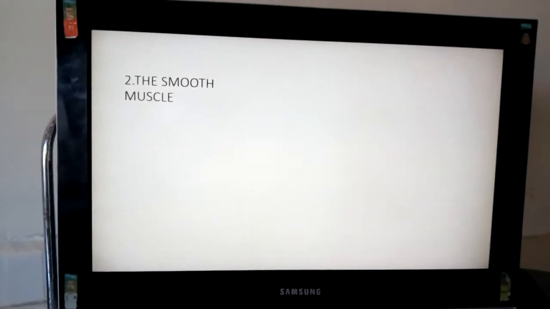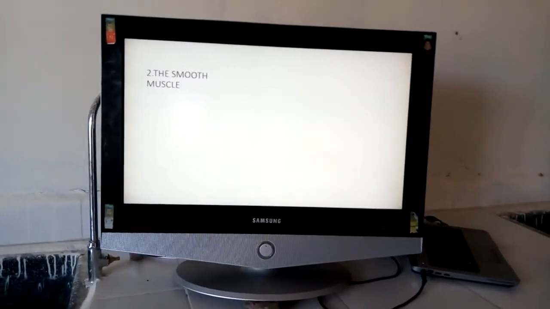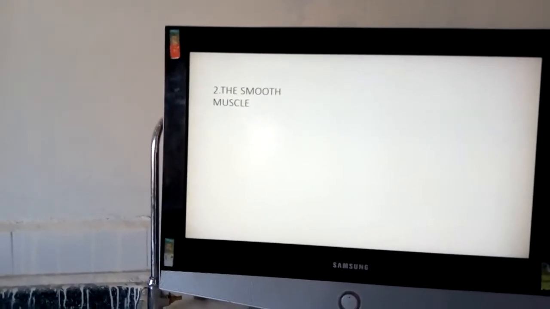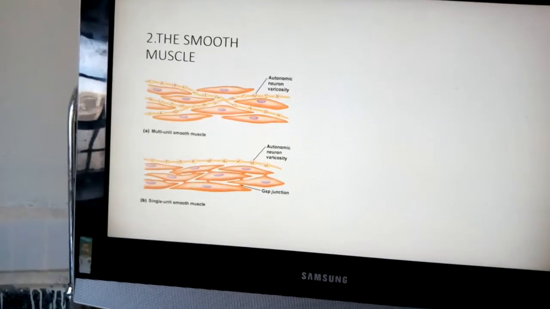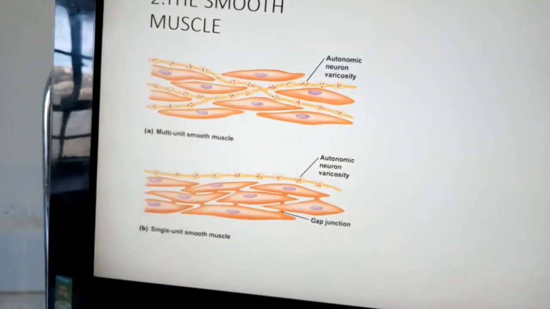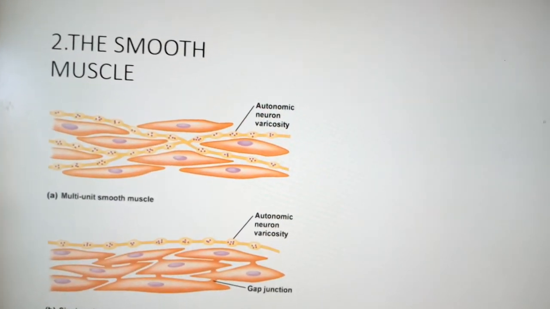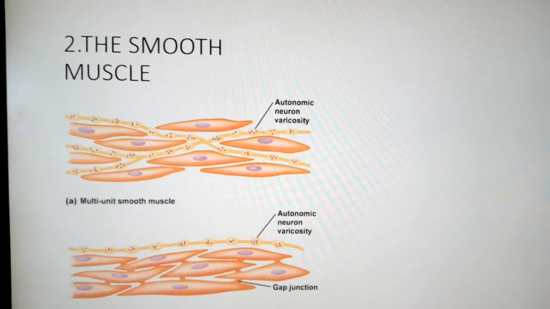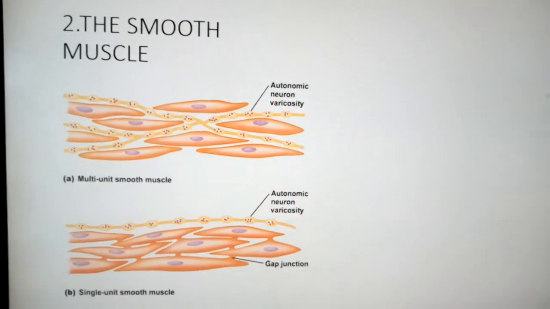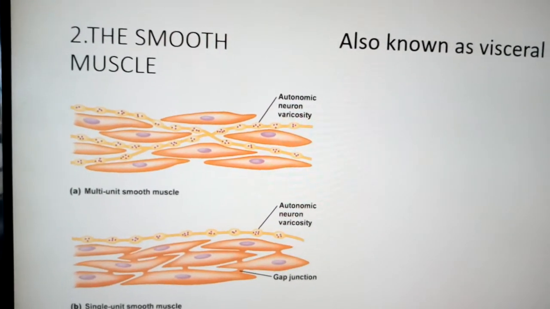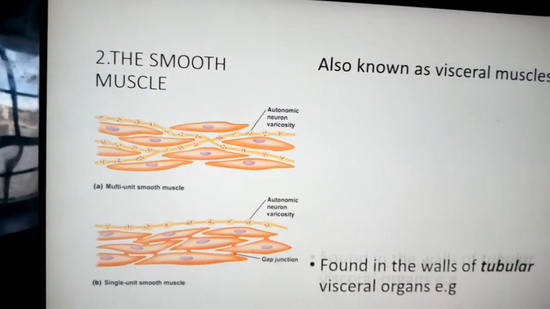The second category of the muscle is referred to as the smooth muscle. The smooth muscle is named so because its role is to facilitate smooth movement of substances along the tubular structures.